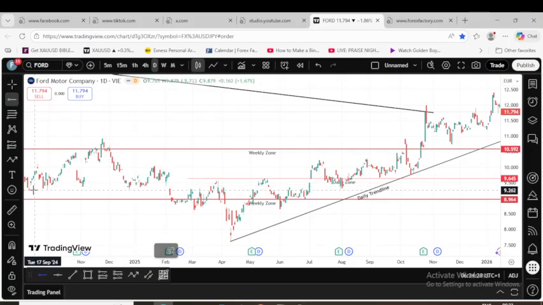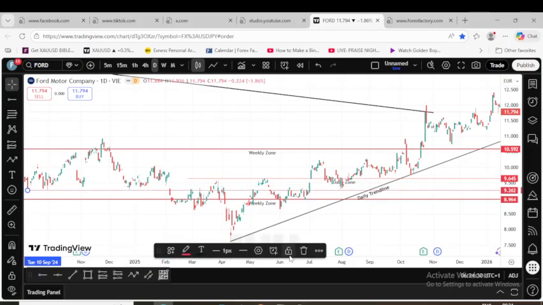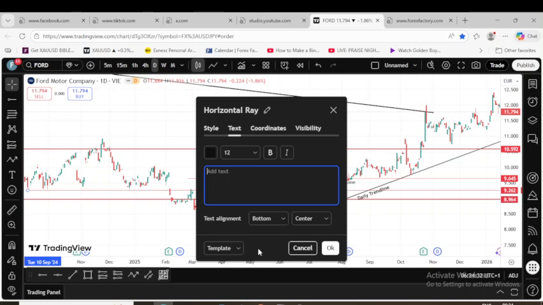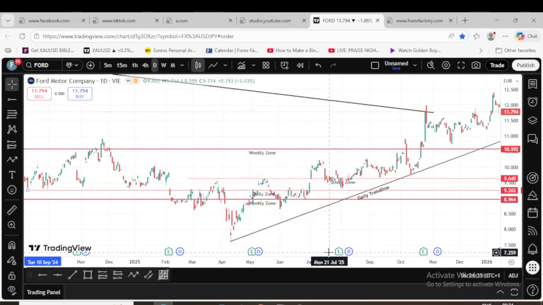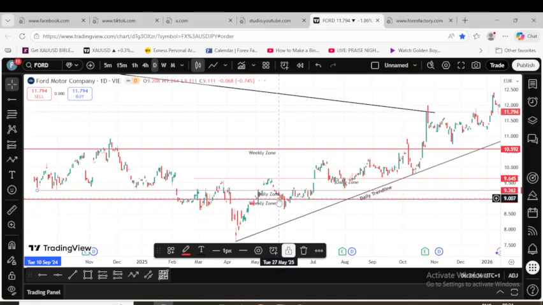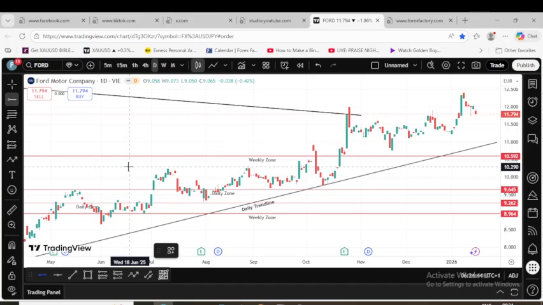There's another zone here. And then we have another zone here.